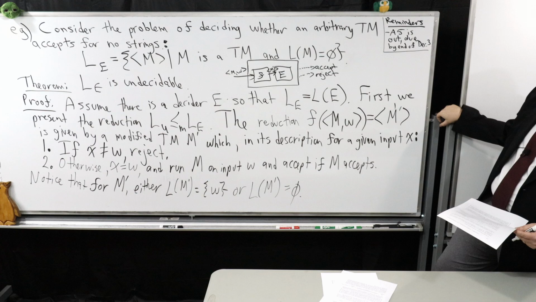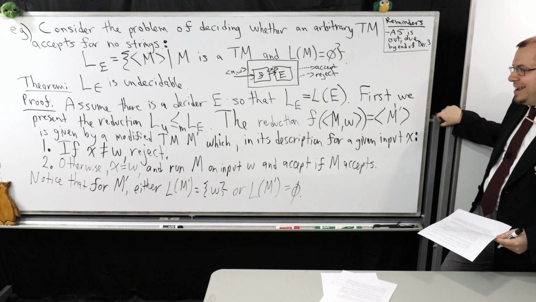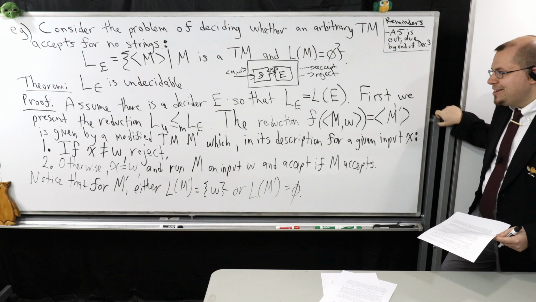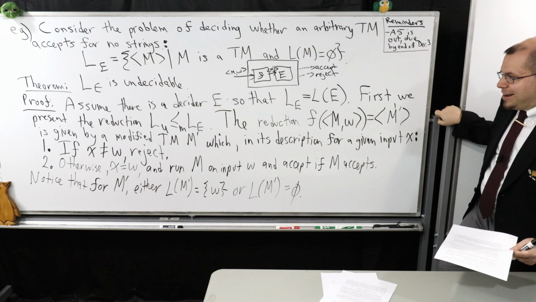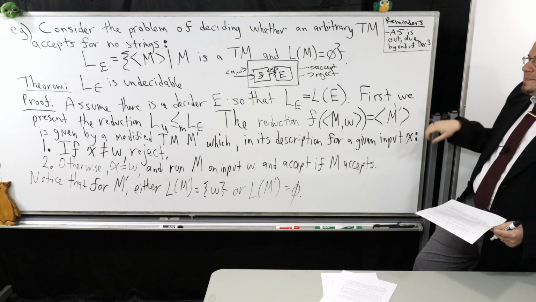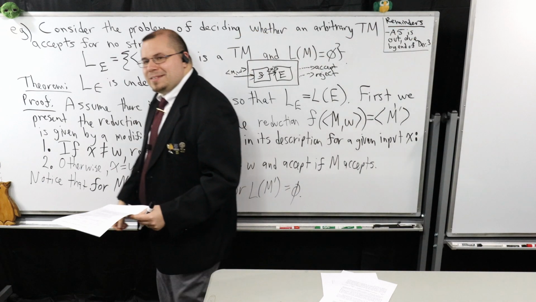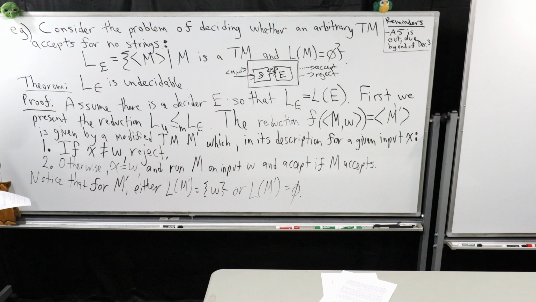I'm baking right into the description of the Turing machine, effectively the test to determine if W is going to get accepted here. So it's a little crafty, if I might say. So are we okay with this so far?